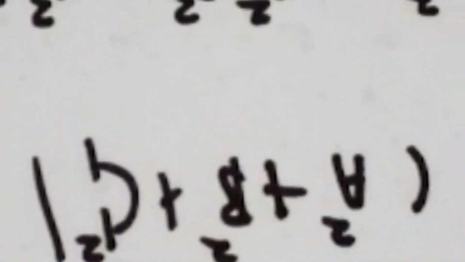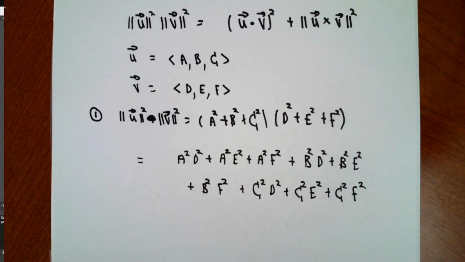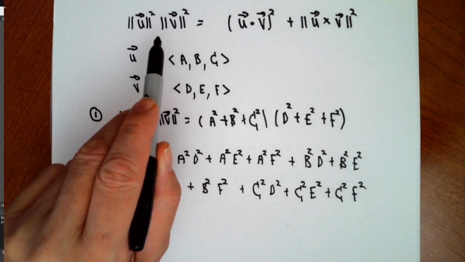I can summarize the result by just saying I select two of these numbers, a, b, c, d, e, or f. I square the two numbers, I multiply them together, and I add up all things that look like that. So this is going to be magnitude of u squared multiplied by magnitude of v squared. This is the left-hand side of my equation.